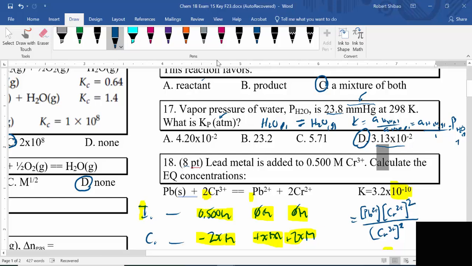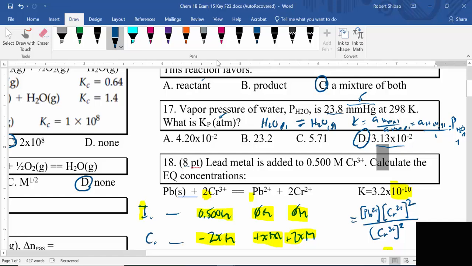So all we have to do is, here we have the equilibrium. The vapor pressure is the equilibrium pressure of the gaseous form of the liquid in a saturated container, here at 23.8 millimeters of mercury. So all we have to do is convert that into atmospheres.